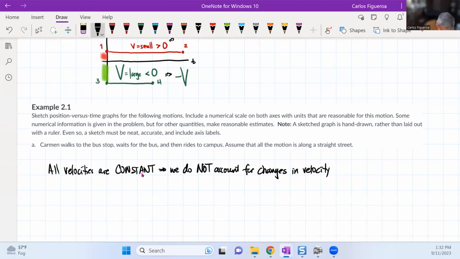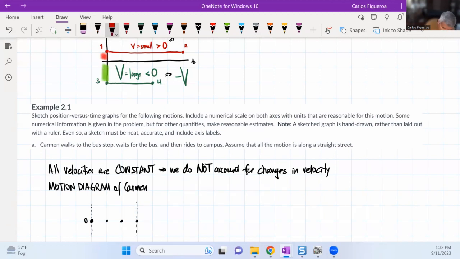So let's start with the motion diagram. Carmen walks to the bus stop. So here's the way I look at it. So if I look at the motion diagram of Carmen, what do I see? Well, she starts off at this point 0. And we know that she's walking. Because she's walking, she is moving at constant velocity.